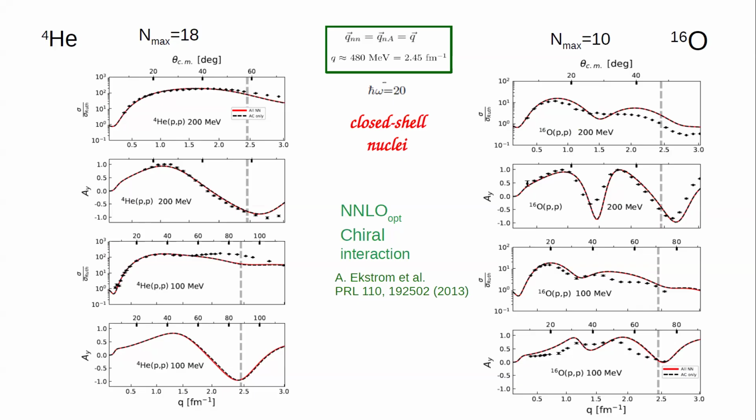One of the things I thought was a figure of pride is the forward direction, which gives you the strength of the interaction. Without parameters, ab initio, in the forward direction we get the strength in the cross-section correct, which I think is an achievement. Here, at 200 MeV, the observables are better. You see here for the closed shell, it's not that great, or you see deviations.